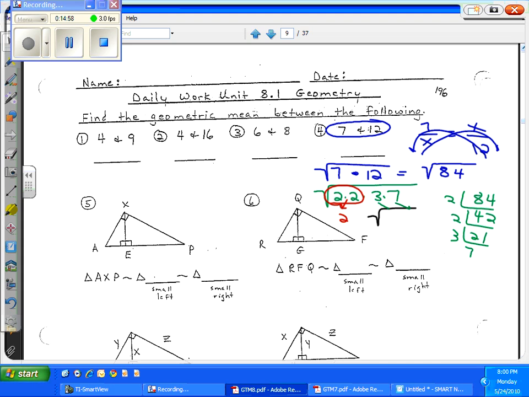These non-circled go back in. If there's more than one outside, you multiply. If there's more than one inside, you multiply. And so we get 2 square root 21. Okay? Any questions on that?